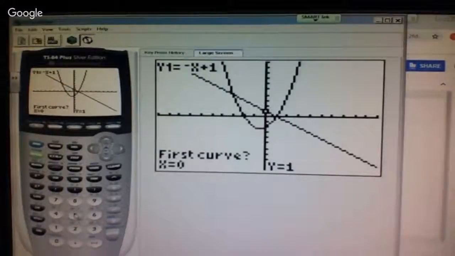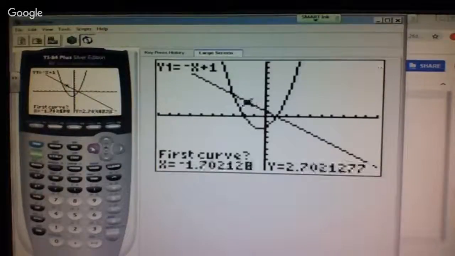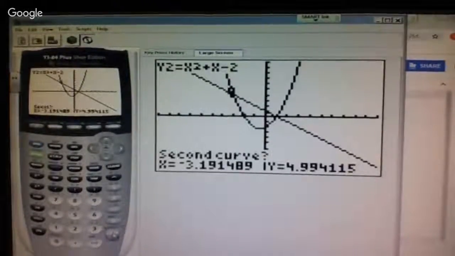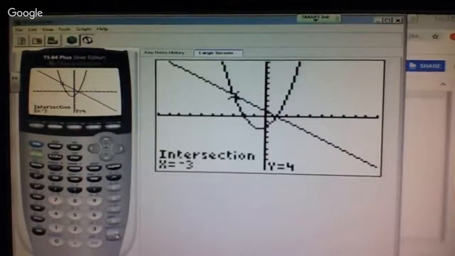Either scroll down and highlight it and hit enter or hit 5. Your little cursor pops up. In order to get your intersection, you want to go as close to the intersection as you possibly can by using left or right. You're going to have to do this twice if it crosses twice. So here's your intersection. Once you get there, hit enter, enter, enter.